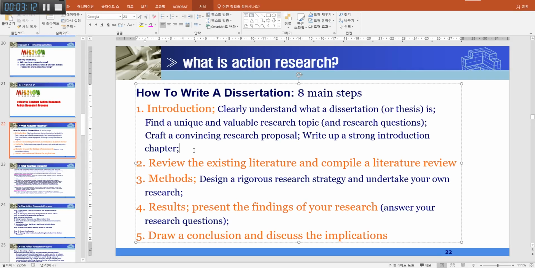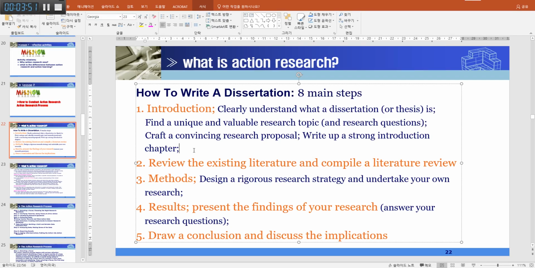Regarding my research topic or research question, what previous people have done, and what they revealed or said about this topic. And based on those previous studies, I want to move one step forward. It's the so-called literature review.